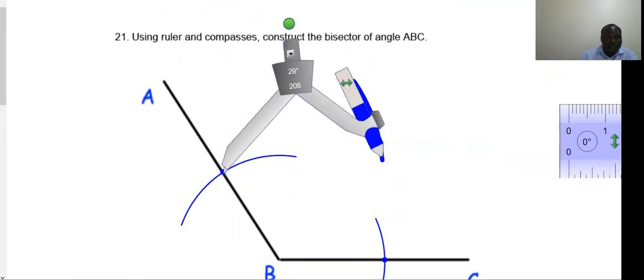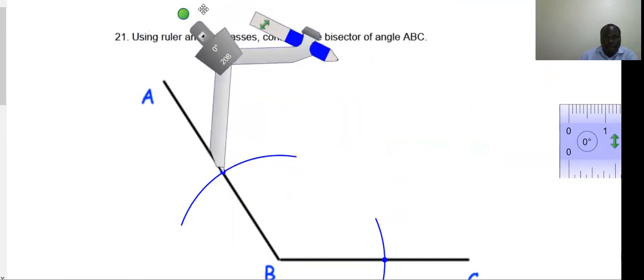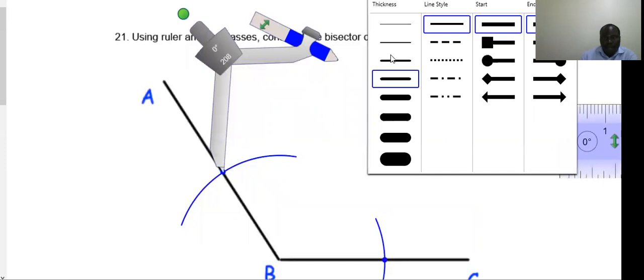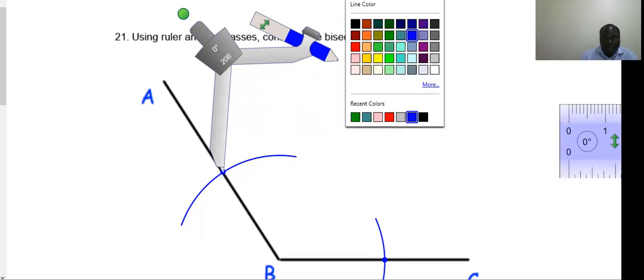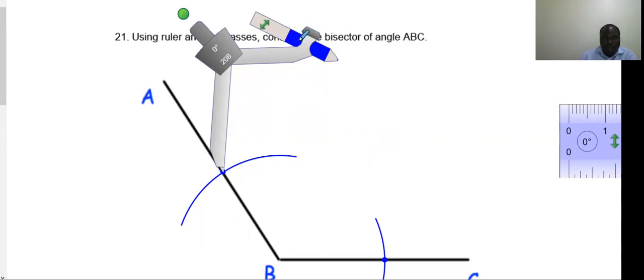That looks so dark, so let me adjust my pen. Okay, so make an arc somewhere here.